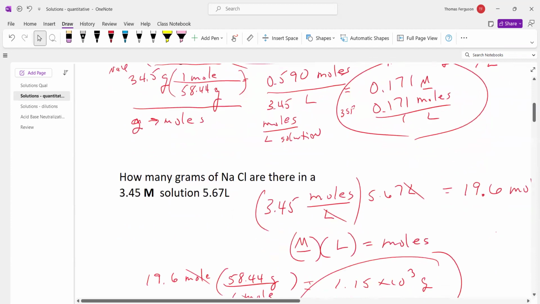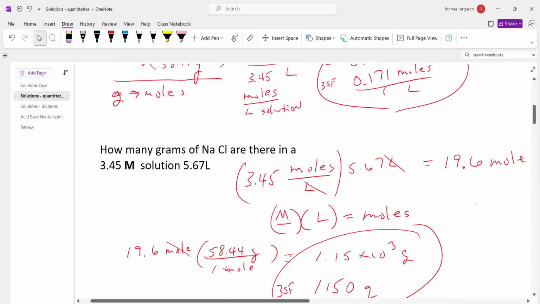So there, we have to calculate the moles of solute first. So we have concentration times volume, and the volume has to be liters. That gives us moles. And we take the moles to grams with the molar mass from the periodic table of the solute. In this case, the solute is sodium chloride. The molar mass for sodium chloride is 58.44 grams per mole.